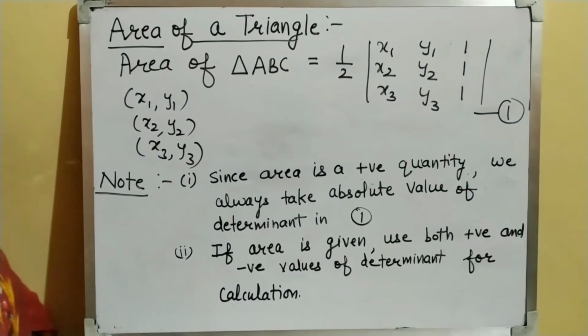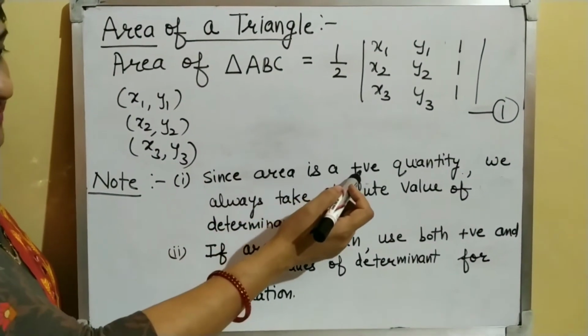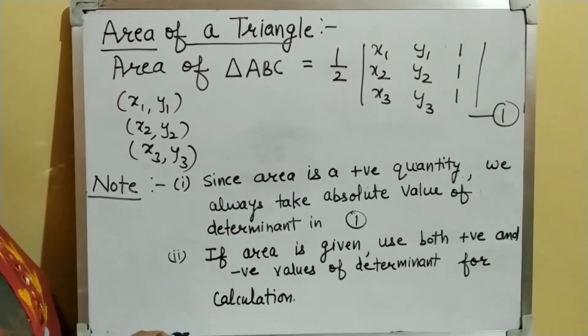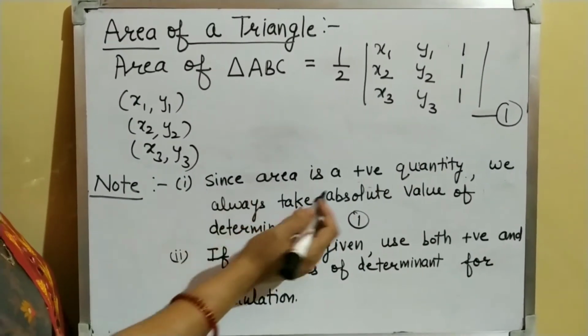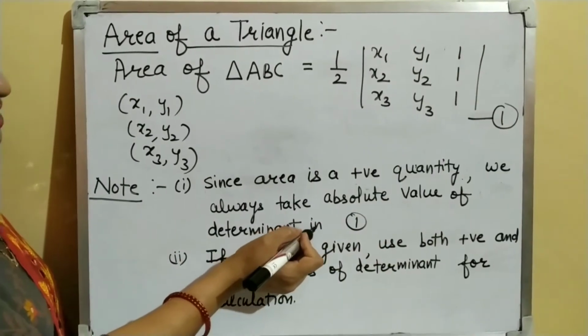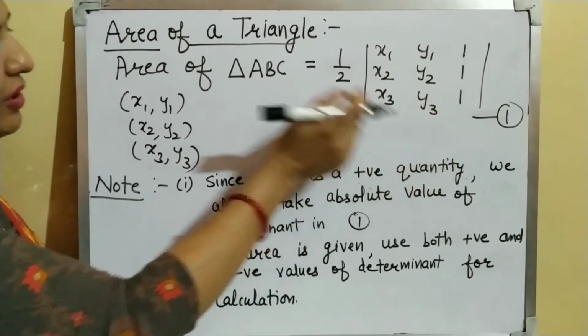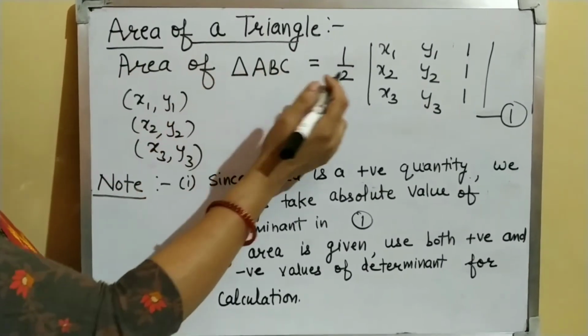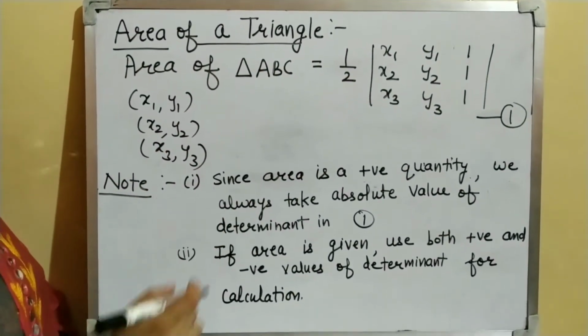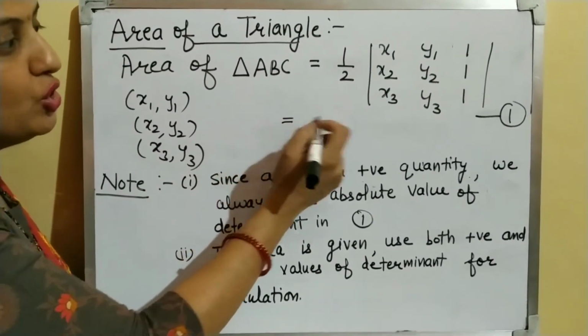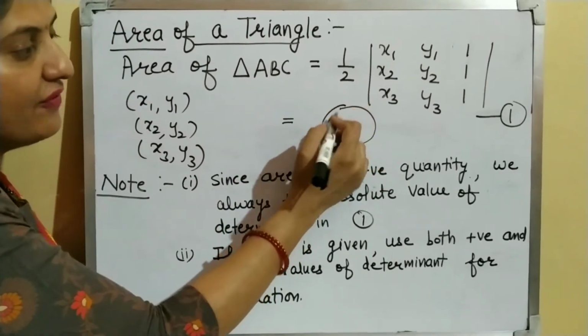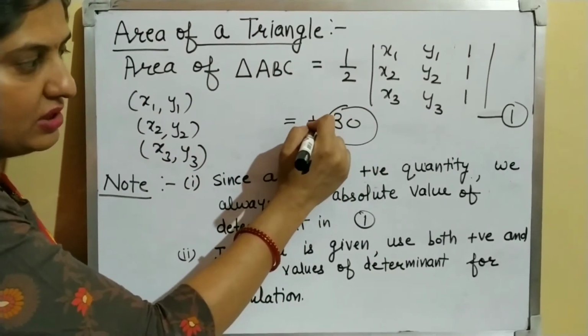Now we know that area is always a positive quantity. So we take absolute value of the determinant in equation 1. We have to take numerical value only, positive sign only.